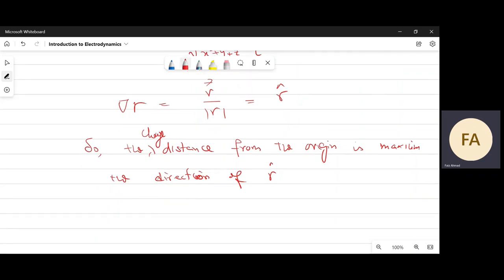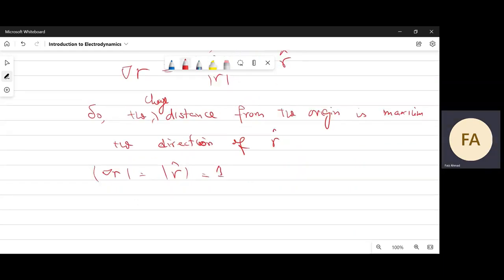That's true because the change in r is maximum radially outward. So the gradient again is pointing in the direction of maximum change in the function, and the magnitude is the slope. The slope for this function r is 1 in this case. So the magnitude of delta r is equal to 1. So we will continue with the next section in the next lecture.